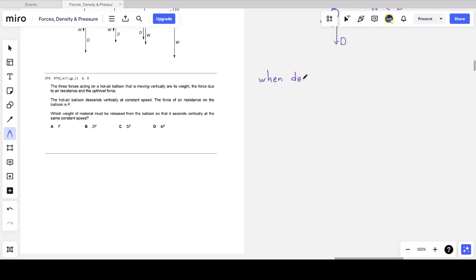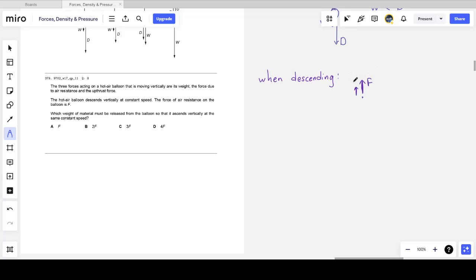So let's see what's happening to the balloon when it's descending. And let's try and put a picture to what's happening. So I have this balloon, and they tell me that when descending, there is a drag force or an air resistance, which we will call F. If it's descending, the air resistance will act upwards. F acts upward.